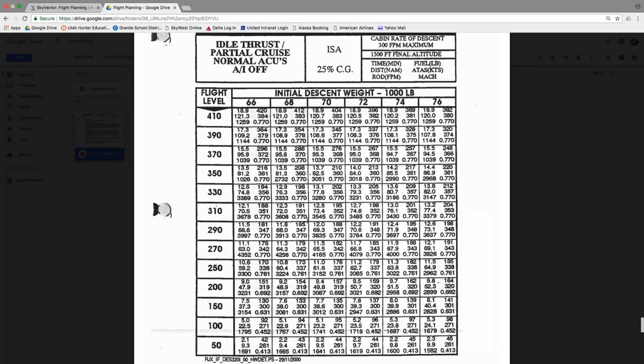Remember, they're pulling the engines all the way back to idle. If we're at 37,000 feet, 257 pounds of fuel. We're not burning much fuel on descent, so if we just add 300 pounds to our landing weight, we're going to be pretty close.